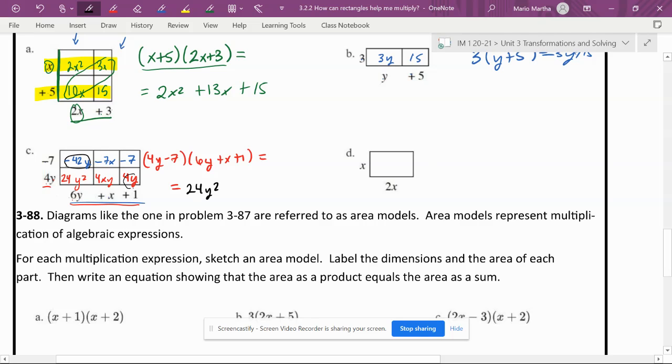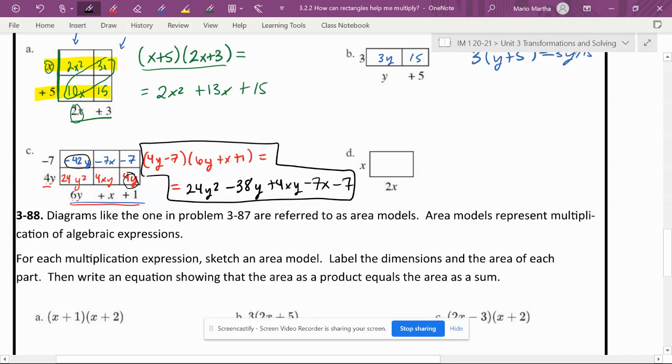And then we have another y we can combine it with over there. Negative 42 plus 4 gives us negative 38y. And then 4xy, there's nothing to combine that with. And then negative 7x, nothing to combine it with, and also negative 7 by itself. And that would be pretty much both as a product and as a sum of the interior parts.